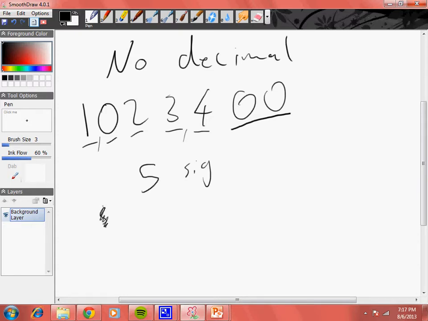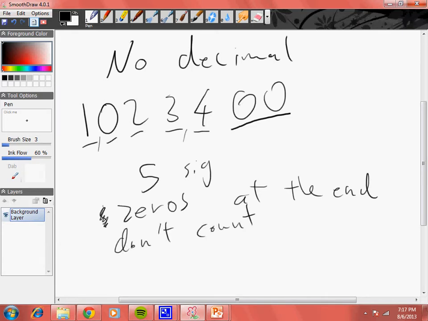So as a rule, zeros at the end don't count. Notice how this 0 did count, but these 2 did not. That's because this 0 is not at the end. It's between actual numbers. These 2 zeros are actually at the end, so they don't matter.